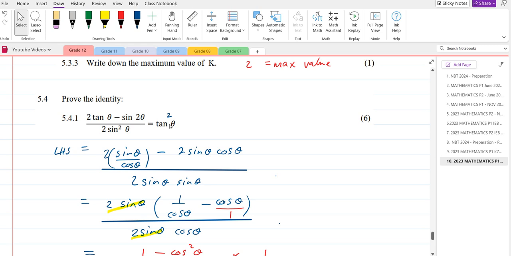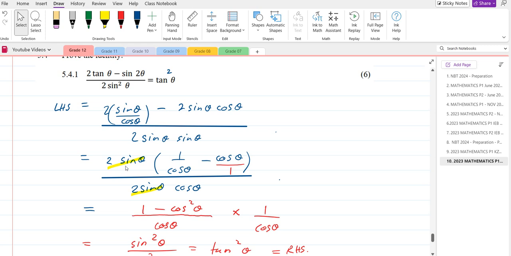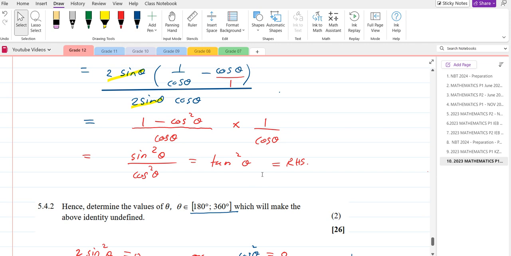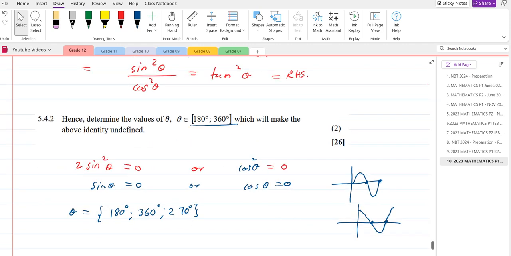Otherwise, if it was tan theta, we wouldn't be able to solve this identity. Is it possible to be tan theta? It's not possible. Let's see. Sine over cos minus 2 sine theta cos theta. I did that correctly. 2 sine theta cancels out. 1 minus cos squared, and cos times cos is cos squared, sine squared over cos squared. Yeah, that's the identity. Right, moving on to the next problem.